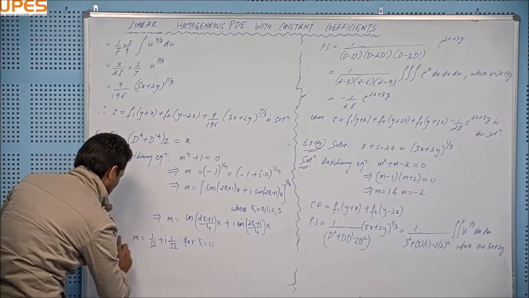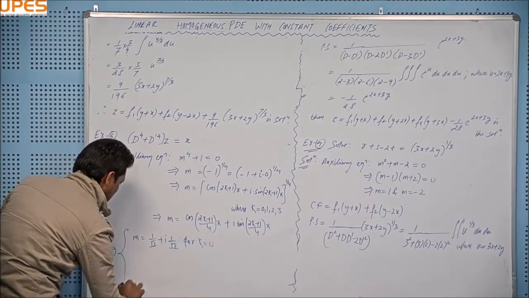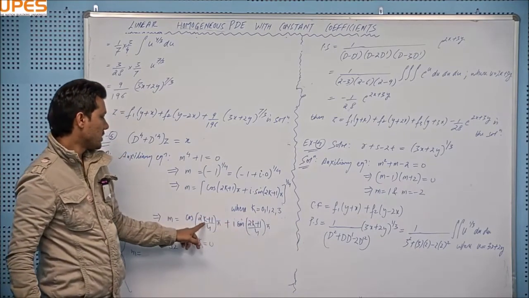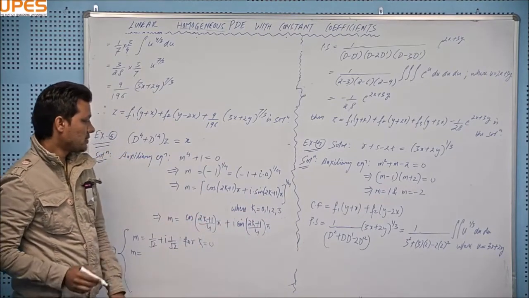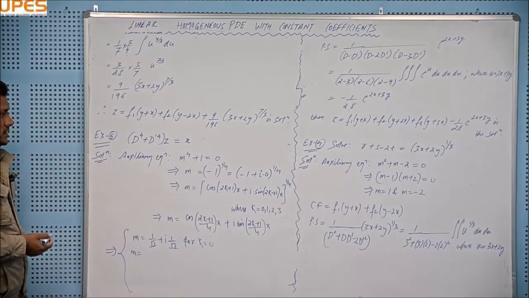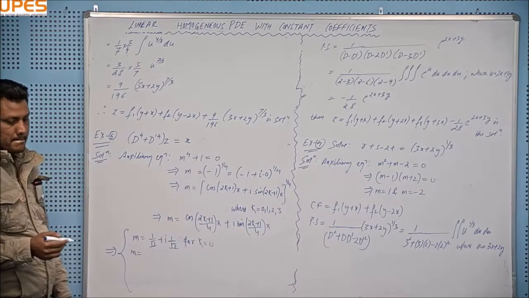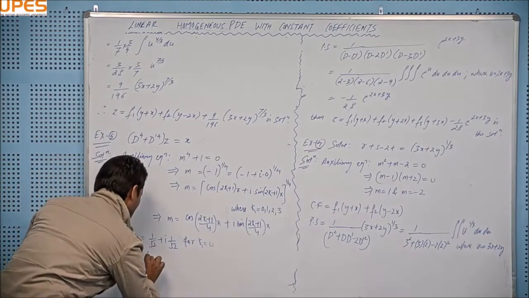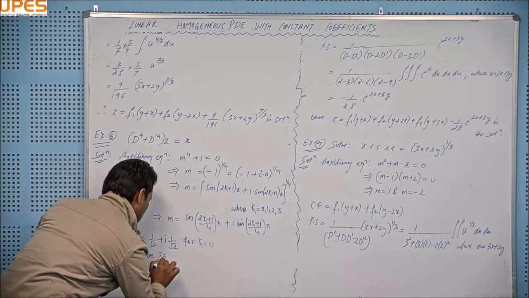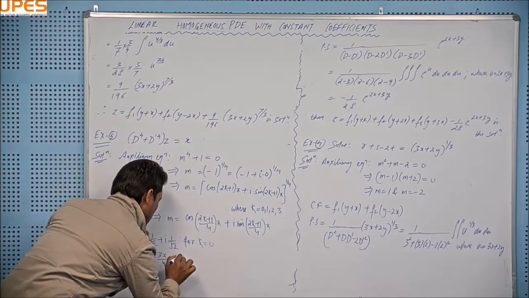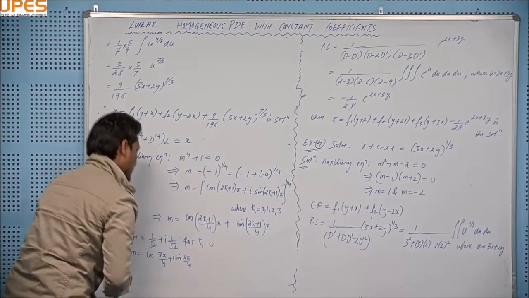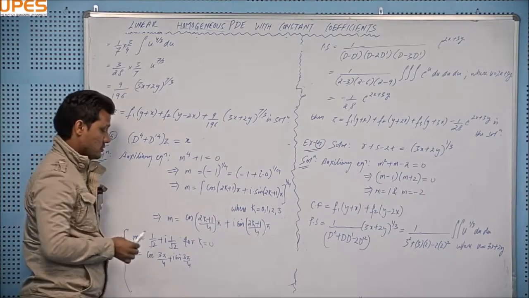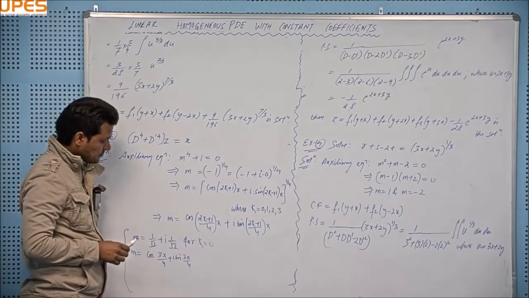And implies m equal to, next value of k is 1, put k equal to 1 here, I will get cos 3 pi by 4 plus eta sin 3 pi by 4, and the 3 pi by 4 means pi minus pi by 4. I will write that cos 3 pi by 4 plus eta sin 3 pi by 4, and that will fall in, I think, second quadrant. 3 pi by 4, right?